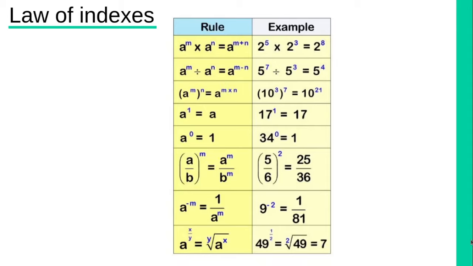And the power 0 of any number is always 1. Also, the powers are distributive with the division. Having a negative power gives us the inverse of a number to that power. And a fractional index can be written as a surd, which is what we will study now.